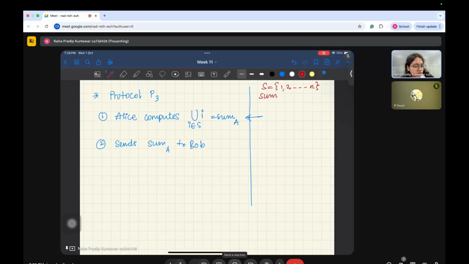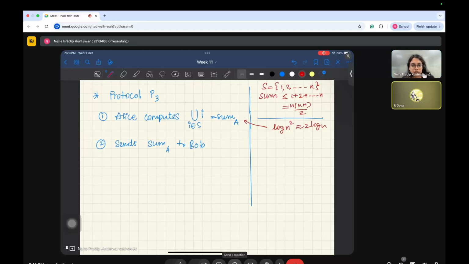Then this is basically 1 plus 2 plus so on up to n, which is equal to n squared plus n by 2. So to communicate this amount of information, this step will take log of n squared, which is 2 log n bits.